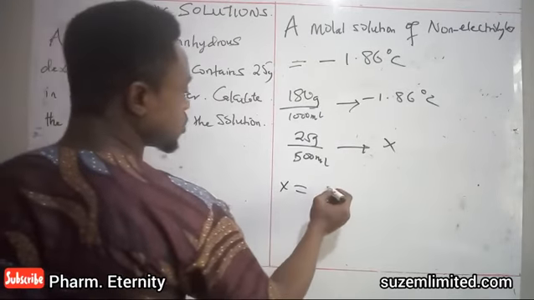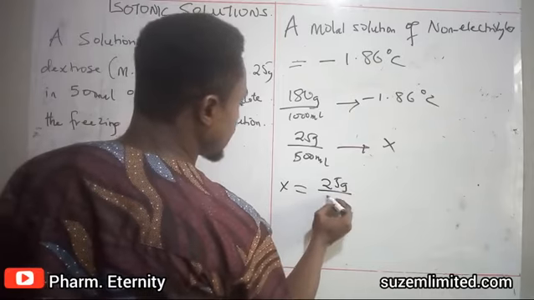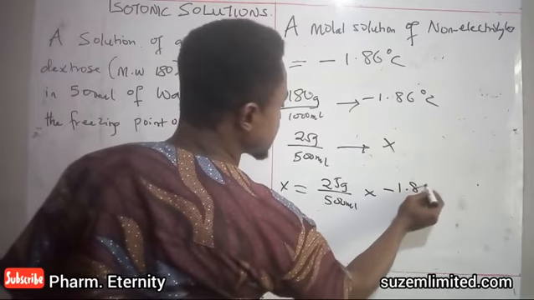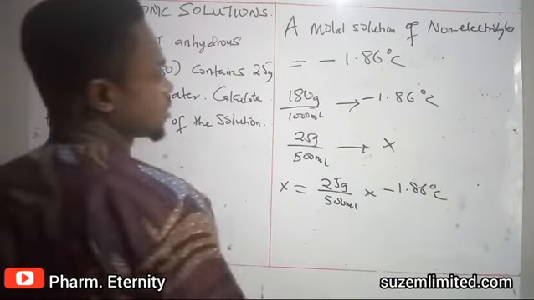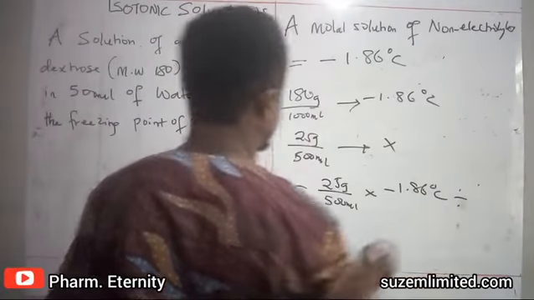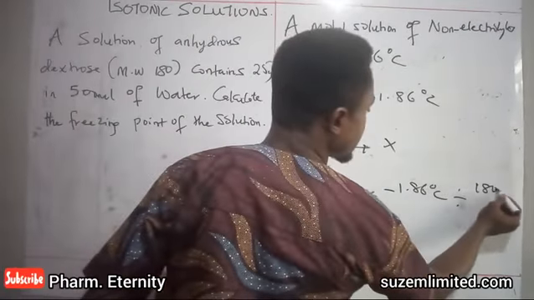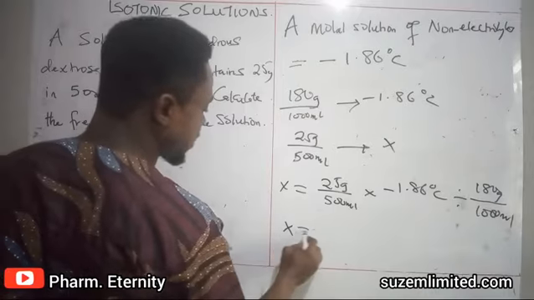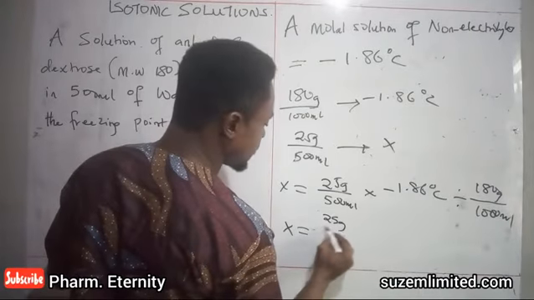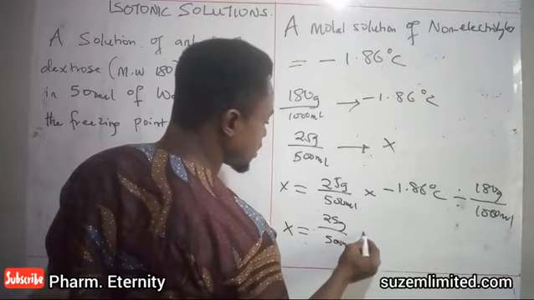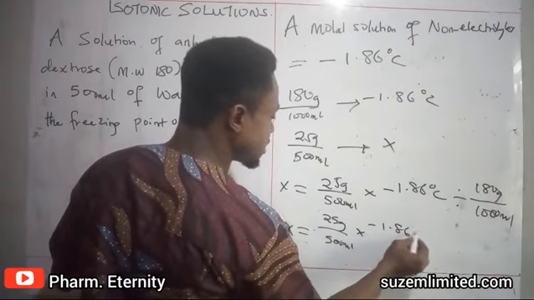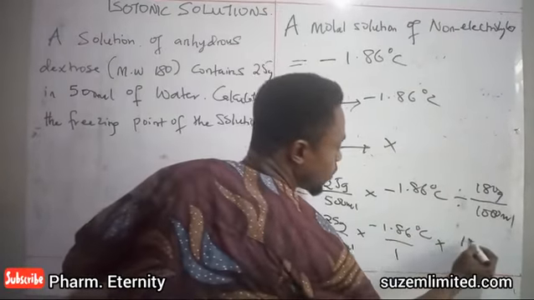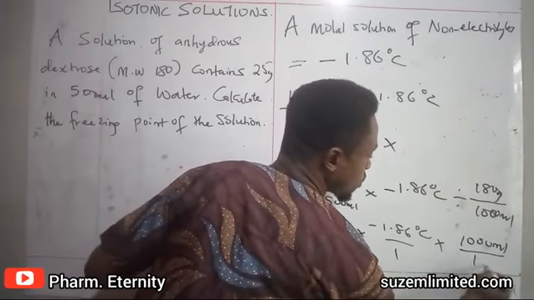X is equal to 25 gram over 500 ml times minus 1.86 degrees Celsius, divided by 180 gram over 1000 ml. This can also be expressed as 25 gram over 500 ml times minus 1.86 degrees Celsius over 1, times 1000 ml over 180 gram.